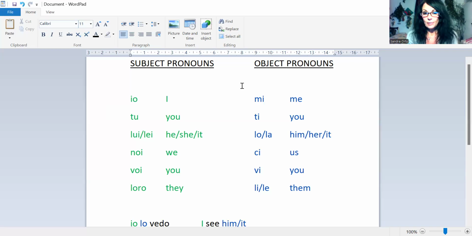Instead, when we're talking about the object pronouns, we can say that the action carried out by the subject falls onto the object. So these pronouns are the object of the subject, really, the verb carried out by the subject.